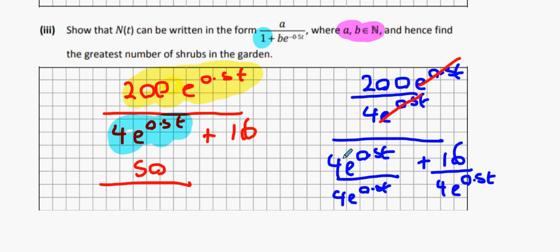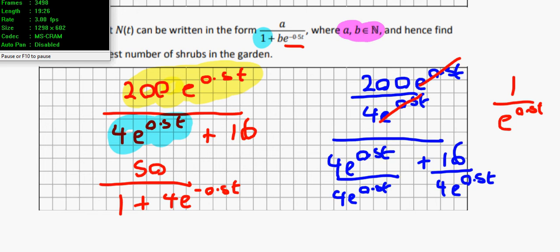And can everybody then, what's it divided by itself? 1. What's 16 divided by 4? 4. And what's 1 over e to the 0.5t as a negative power? The answer's already here. E to the minus 0.5t. I'm going to pause there.